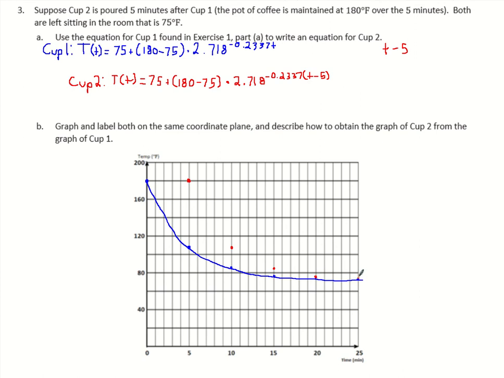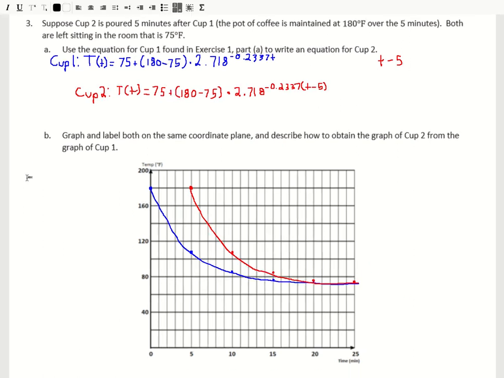At 25, where our first graph was at 20 minutes. So quite literally, cup 2 is cup 1 shifted right 5 units. All we did to get our cup 2.